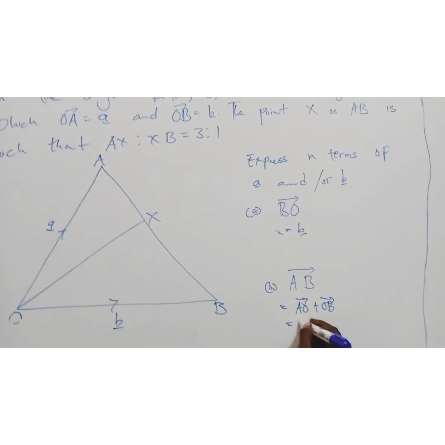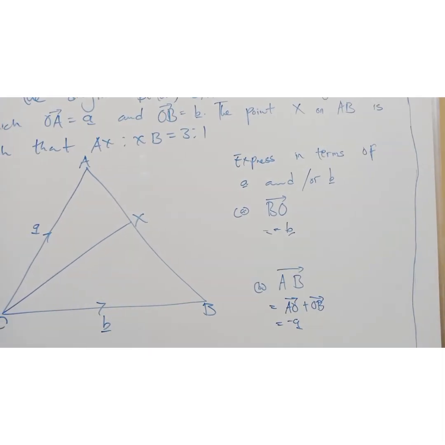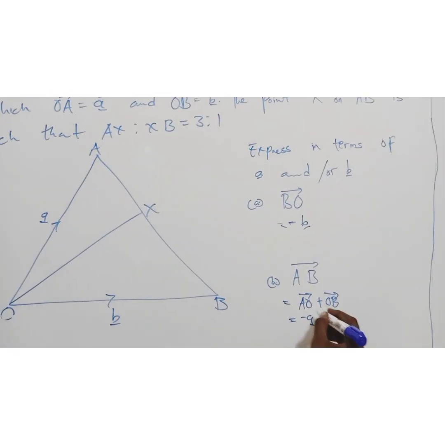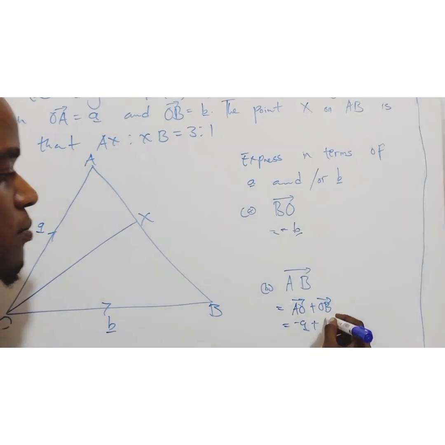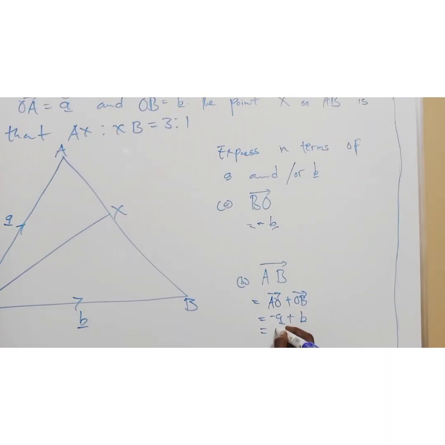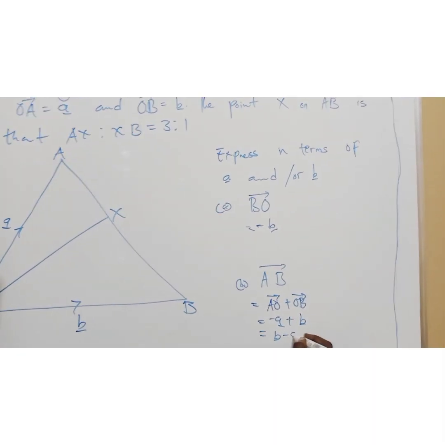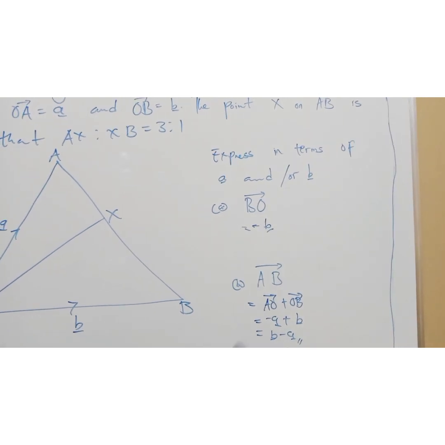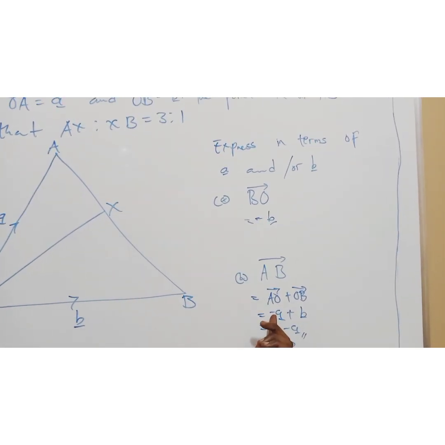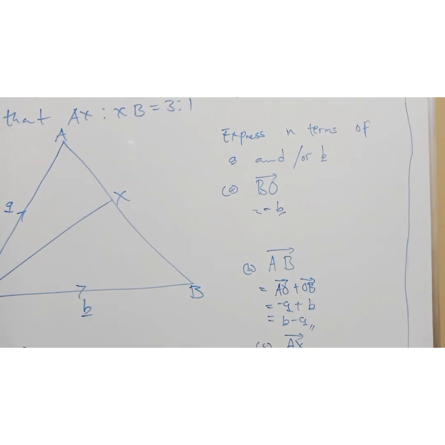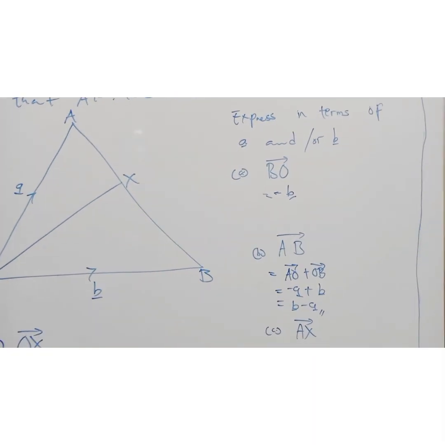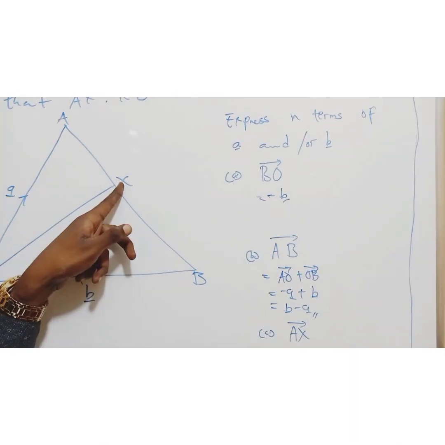What is AO? Negative A, because it's going against, and plus OB, which is B. So this will give us B minus A. Done. I said avoid having a negative as your answer. Just later.